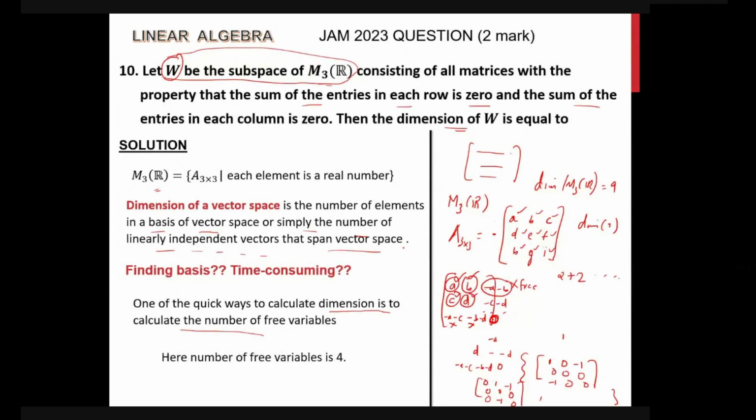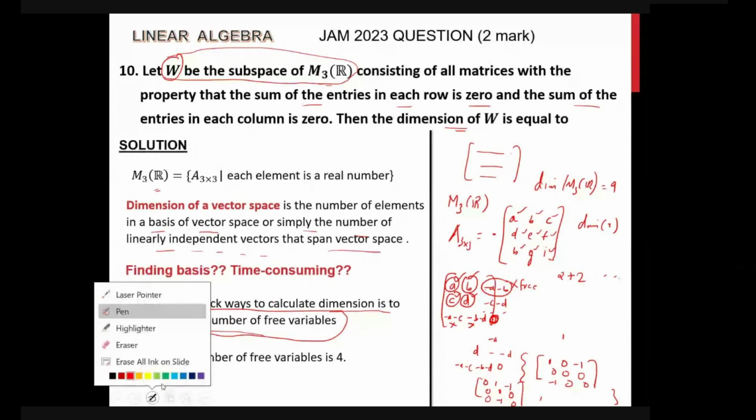So in order to calculate the dimension of a vector space or subspace in such questions, you just identify the number of free variables. That must be the dimension of the subspace.